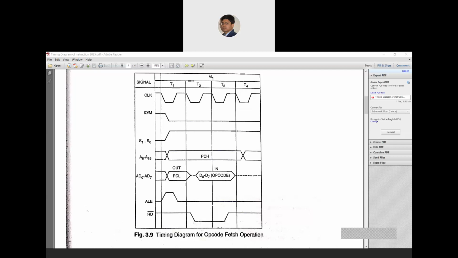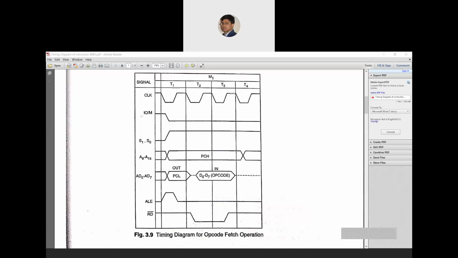Okay, the first signal is your clock signal, because without a clock signal the microprocessor cannot work. So you draw the clock signal in this way. This is your clock signal representation.